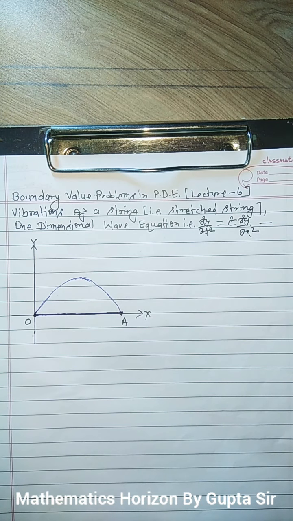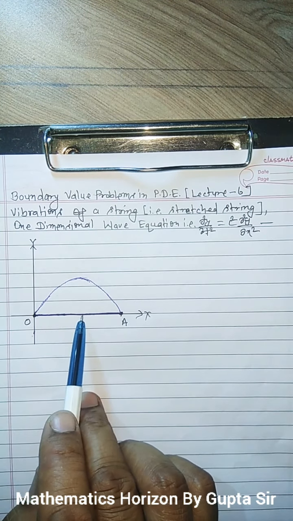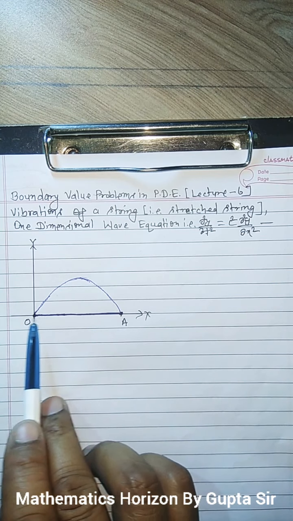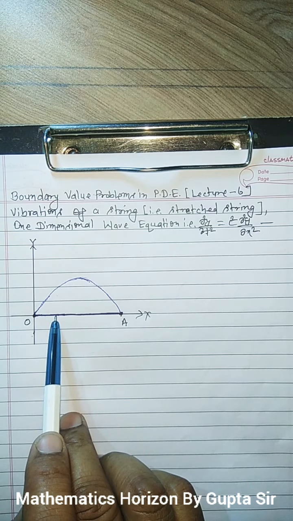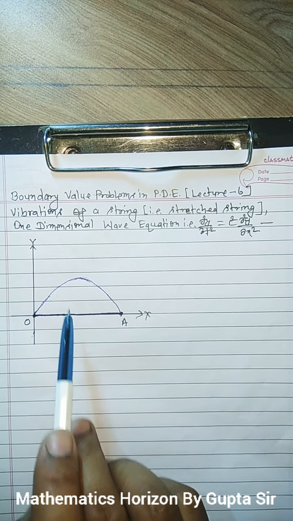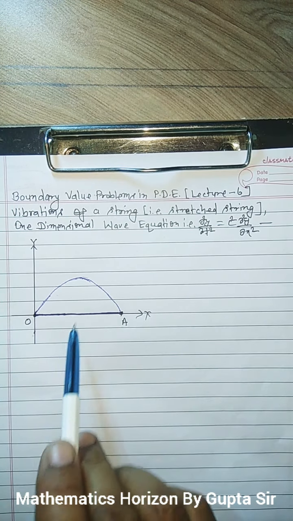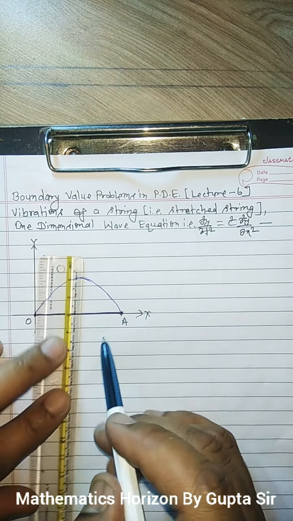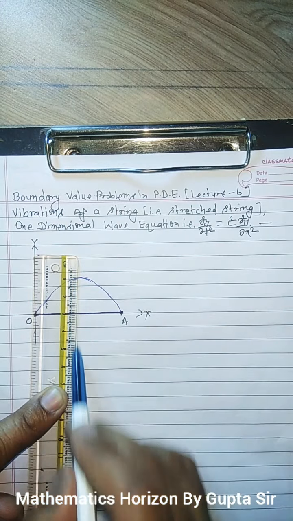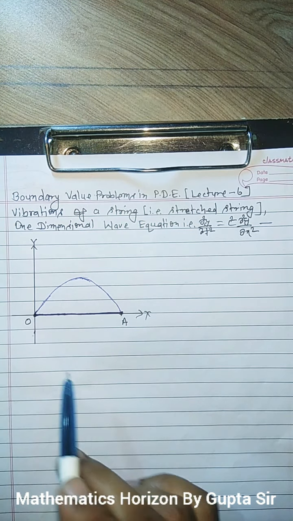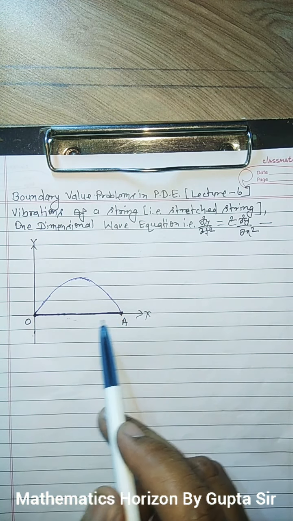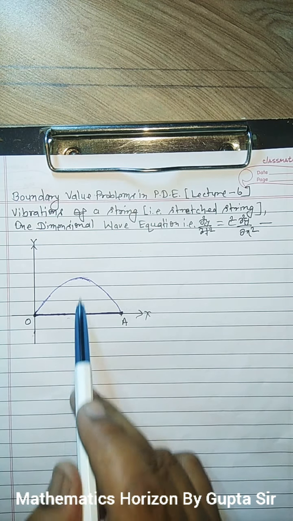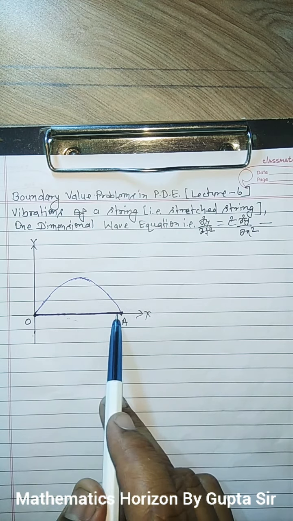Number one: the motion takes place entirely in the xy plane, and each particle of the string moves perpendicular to the equilibrium position OA of the string, up and down.